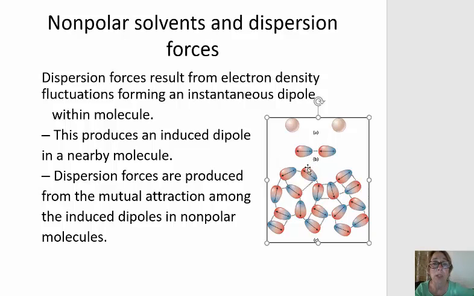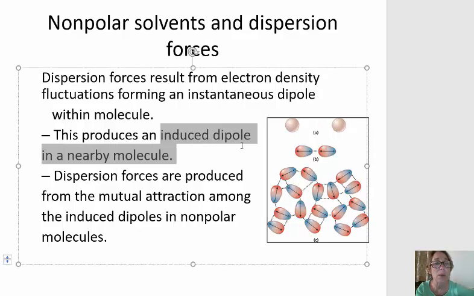However, when this happens, any nearby molecule is going to feel that separation of electrons, which will manifest as a charge. Where the electrons are in the molecule will be a partial negative, and where the electrons have migrated from will be a positive charge. So this positive charge is going to attract electrons on a nearby molecule.